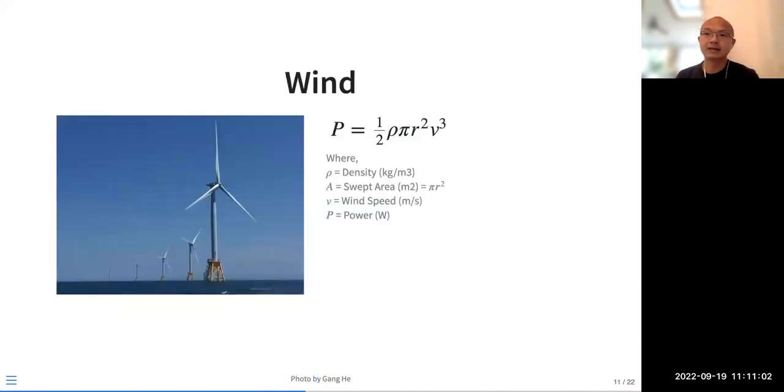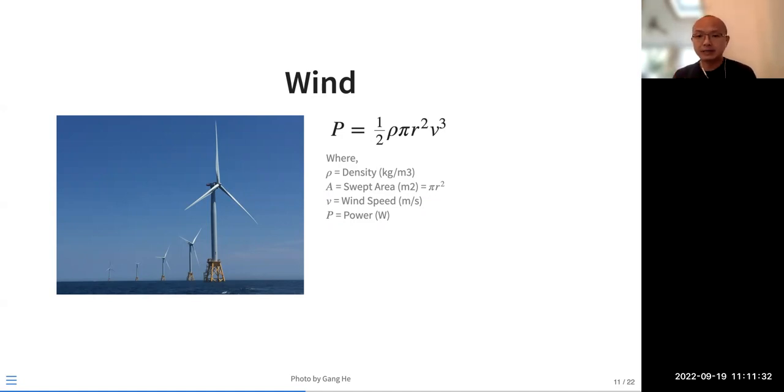So that's the fossil plants, and the most important concept is efficiency: how the combined cycle and different designs, and what factors contribute to the efficiency. Now we can move to one other technology, a renewable, which is wind.